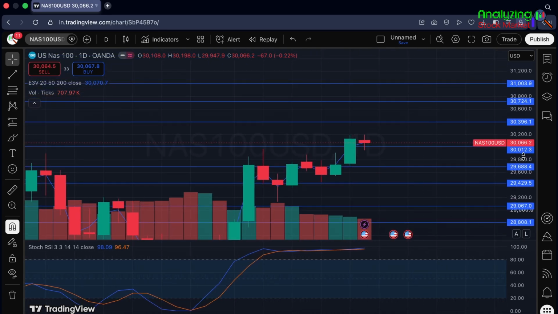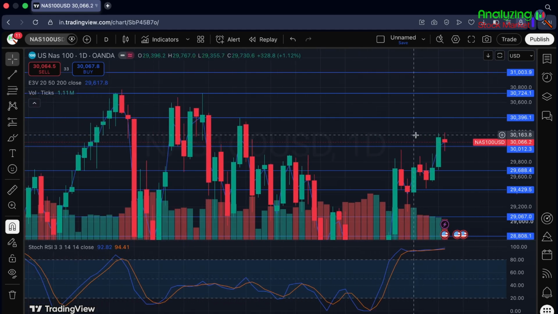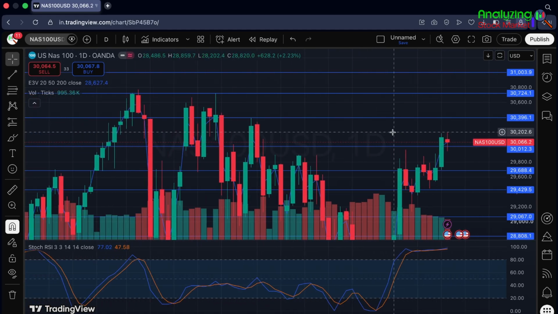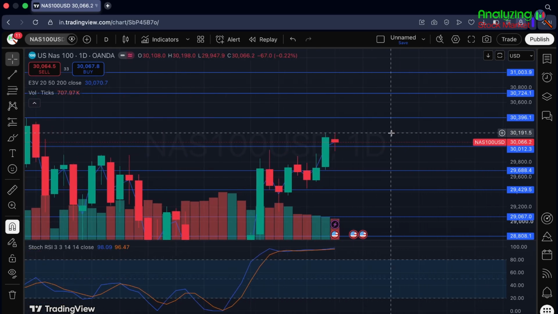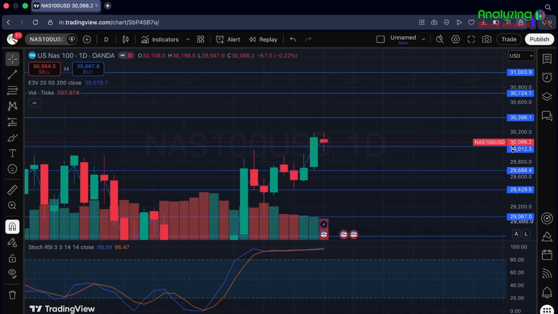So here, if you can see, some important support zones and resistance zones are already marked. So currently, we don't need to mark any new levels. Let's straight away talk about the closing first. So here, 30,066 is the closing. Here, the direct support is 30,012. Direct resistance is 30,396. After direct support, there is a support of 29,688 and then 29,429.